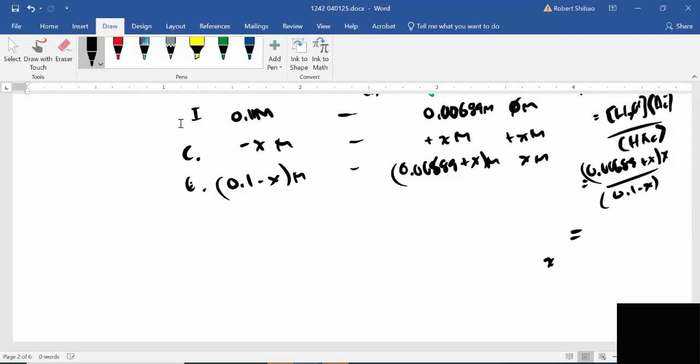So we're just going to say x is much smaller than 0.00689 using the simplifying assumption. And if that's the case, then we're going to get 0.00689 plus x, which is that, 0.00689. 0.1 minus x, which is 0.1. This is times x. So what will x come out to here?